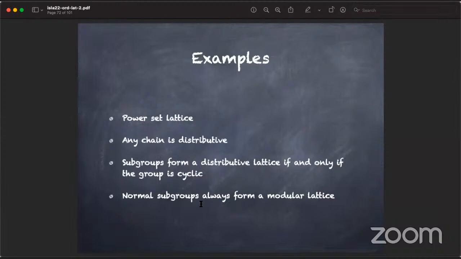If H and K are two normal subgroups, then H meet K will be H intersection K, and H join K would be nothing but HK. For those who are aware of group theory, you can understand why this notion of HK is so important in terms of normal subgroups. But let me not go into that here. So here are some examples of distributive and modular lattices.